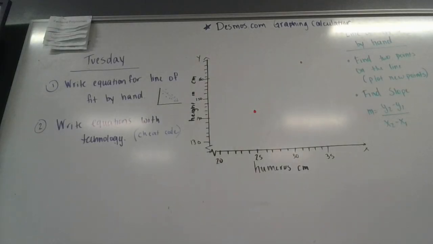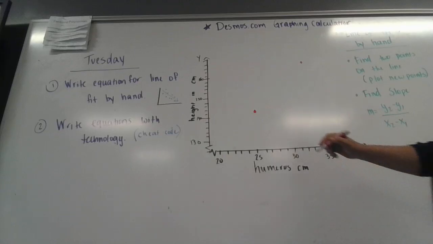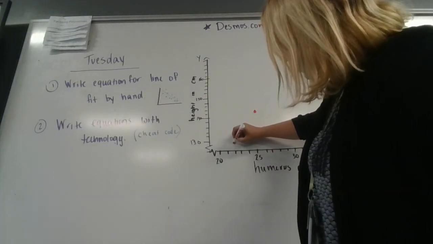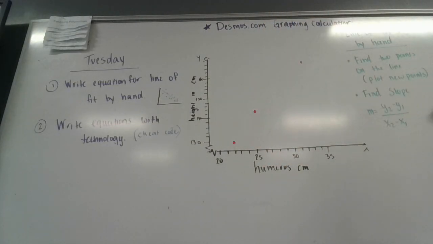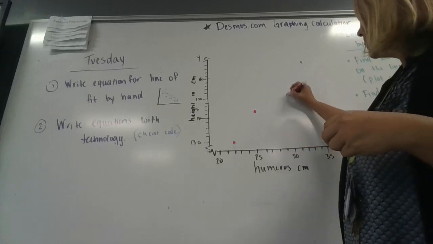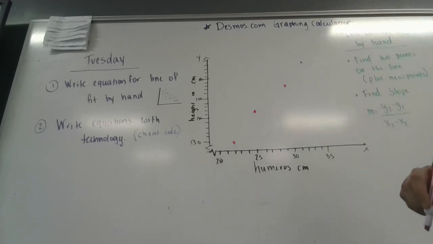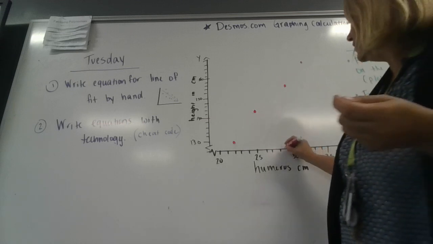My one time I did really good, and then last class my numbers weren't as good. So I'm going to try to do better. 22, 130. That could be it right there. 30, 154. 28, 152.